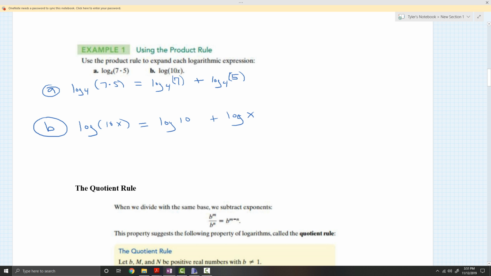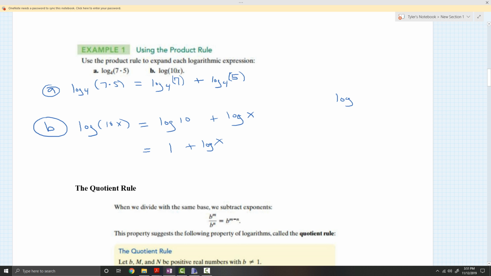Then we can use a property we learned in a previous section about logs, where we can simplify log of 10. If we're taking the log base 10 of 10, that's just 1. So this is 1 plus log of x.